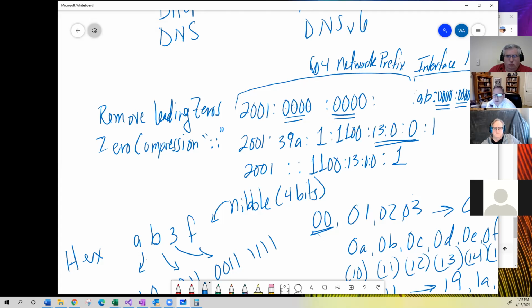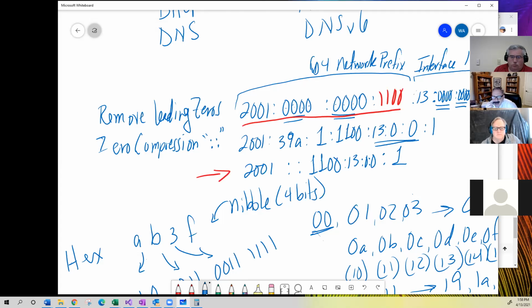If you search for this number here, and it's 1100 here, and it's in your database as a different form, then you've got a problem, because if you search for 2001:0000:0000:1100, that's a different number than 2001:1100:13:0:0:1.